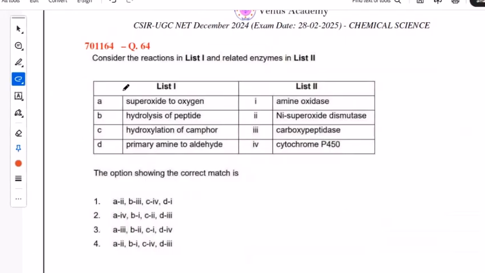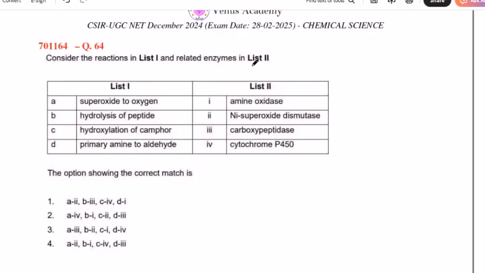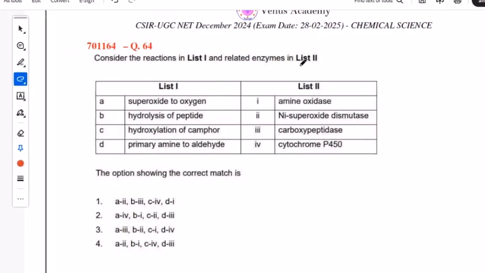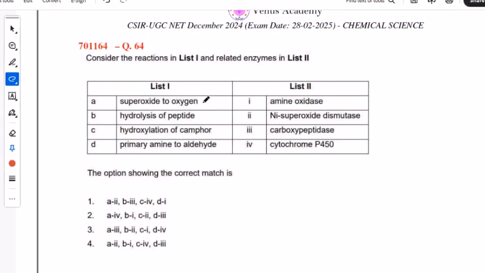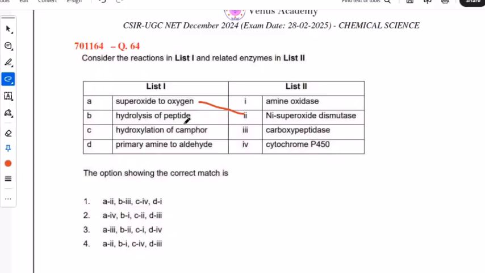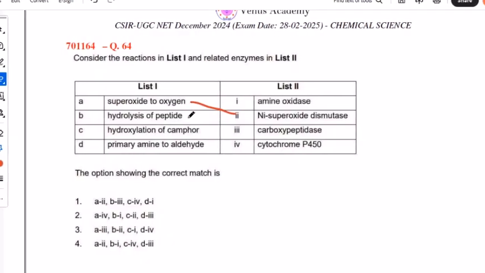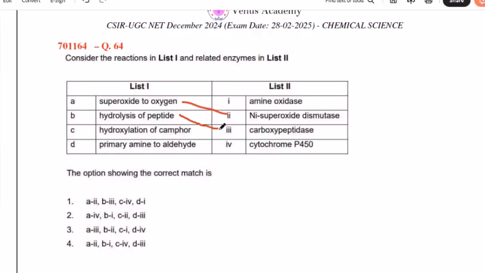Next, question number 64. Consider the reactions in list 1 and related enzymes in list 2. So what is going to happen? Superoxide to oxygen: nickel superoxide dismutase, right? Hydrolysis of peptide is going to take place: carboxypeptidase.